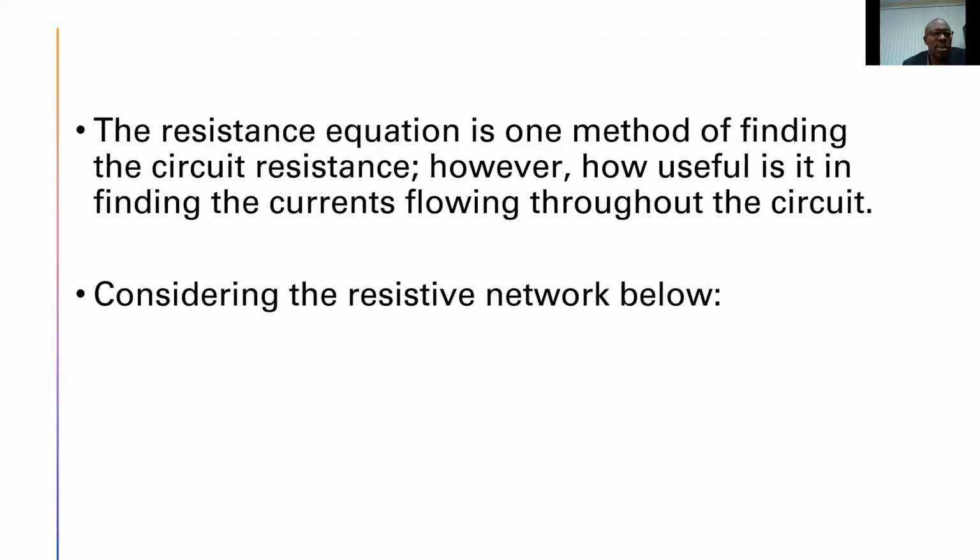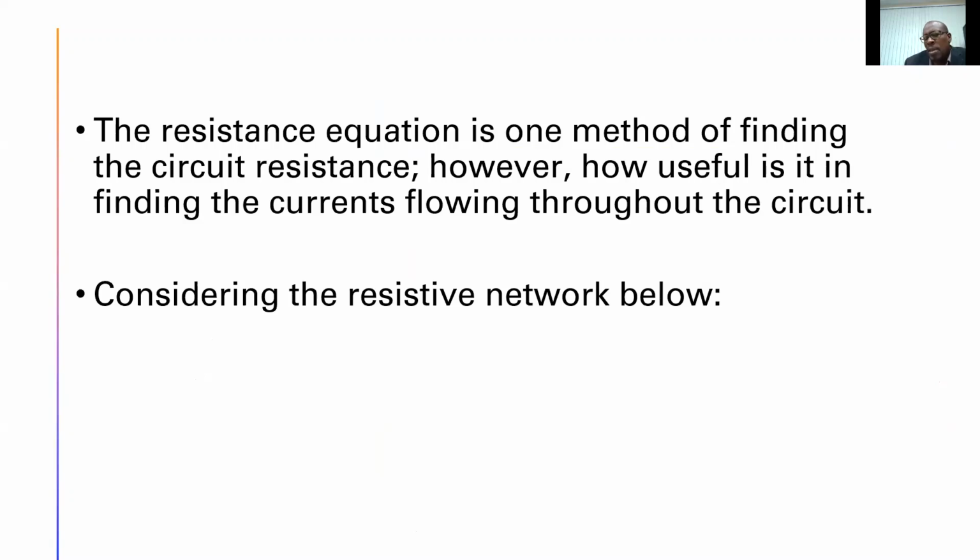Now, the resistance equation, as we have shown in one of our videos, is one method of finding the circuit resistance. However, how useful is it in finding the currents flowing through the circuit?